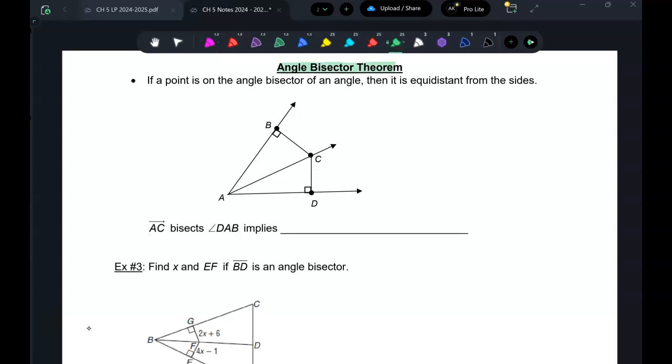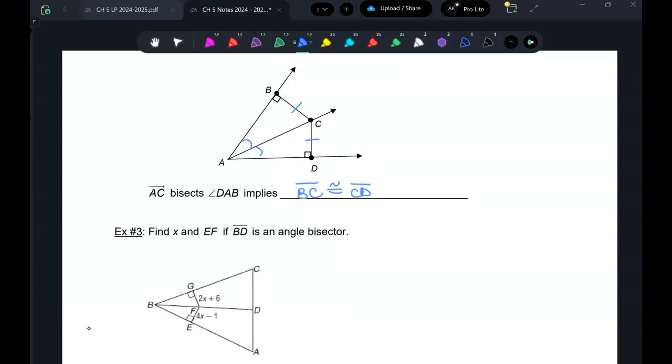Angle bisector theorem: if you have an angle bisector, so these two angles are congruent, then this point is equidistant from the sides. That means BC is congruent to CD. So a point on an angle bisector has to be equidistant from the sides. And there's a reason we draw perpendicular.